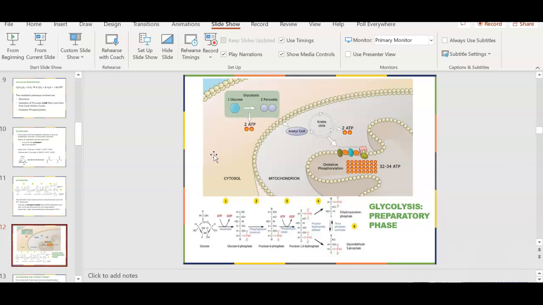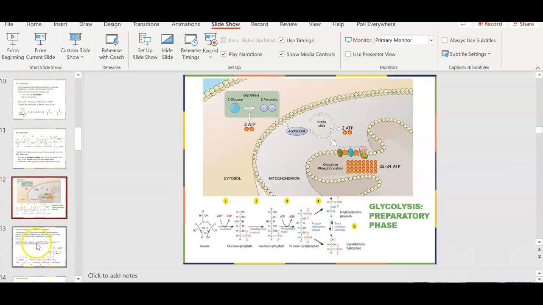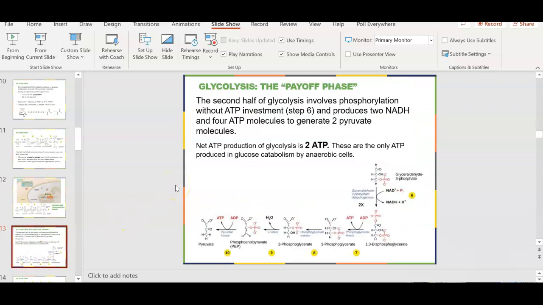We're getting ready, we're getting set up, we're creating molecules that are now going to be able to keep going, and hopefully we'll be able to take electrons from them, we'll be able to oxidize and phosphorylate some things to make some ATP. So here we go. All right. So that's the preparatory phase. And then we go on and we have this payoff. And the payoff phase is the second half of glycolysis.